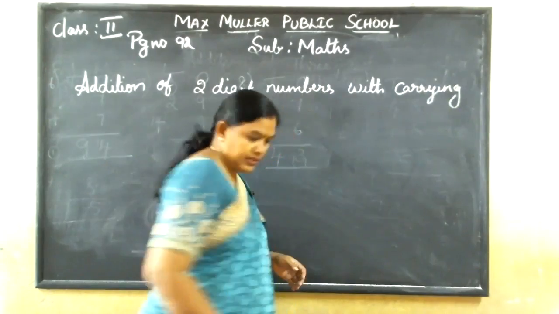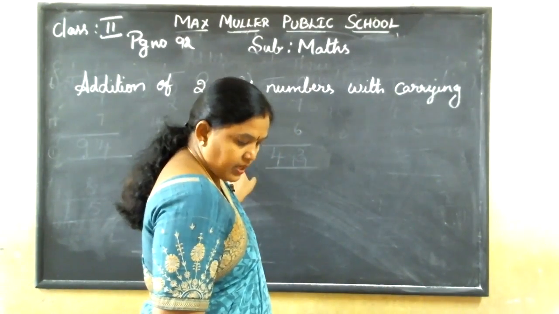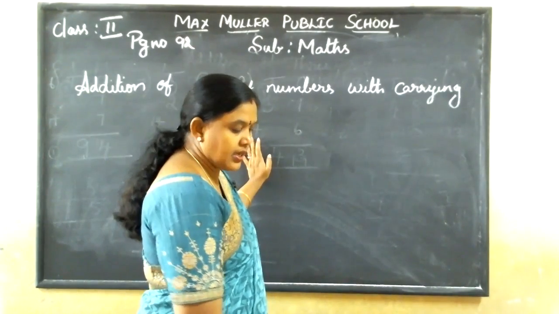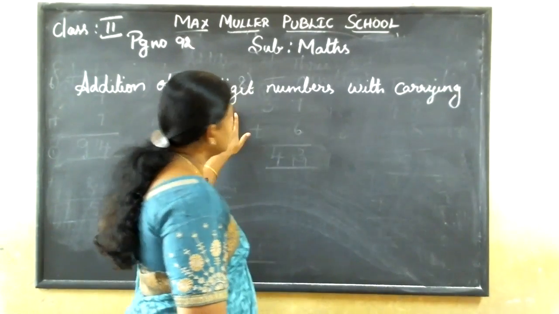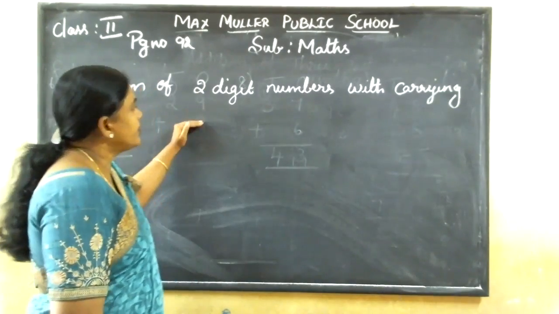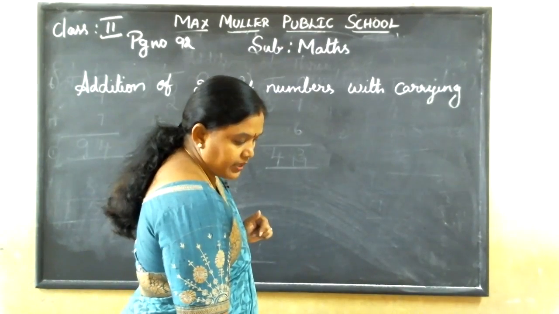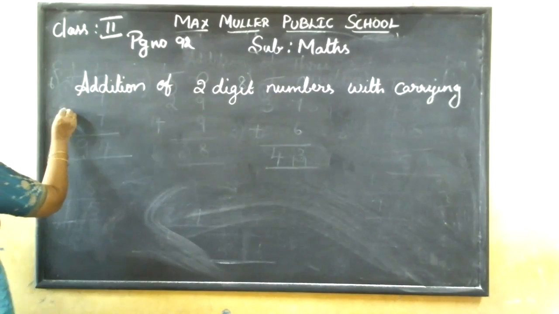Last main one, see, we did exercise number 6. In that main, a 2-digit number and a 1-digit number we carried, no children. In this main we will do only 2 digit. Here down, up also 2 digit, down also 2 digit. Last main what we did, up 2 digit, down 1 digit is there. We finished that main. Now we will go to addition of 2-digit numbers with carrying.